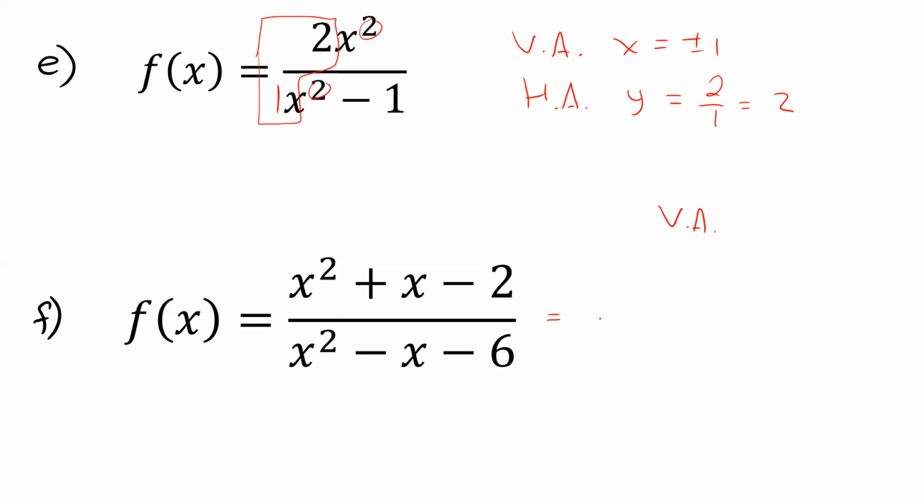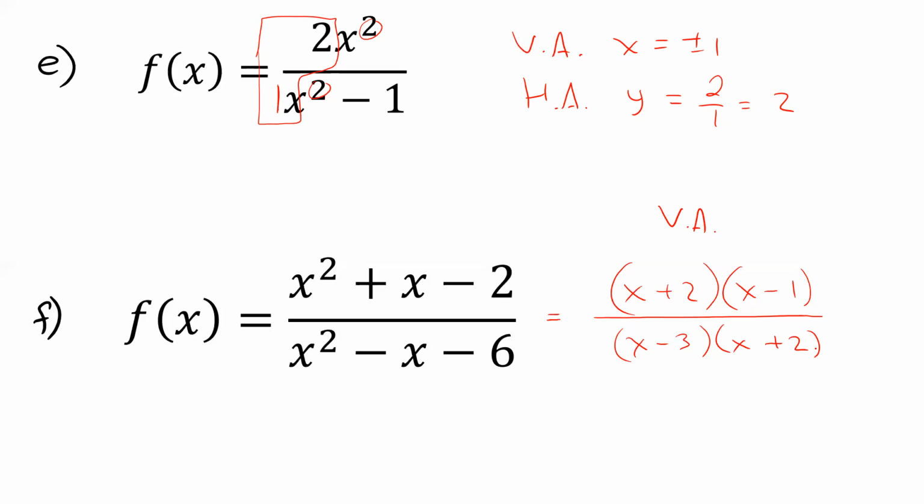If I were to factor and put things over here on top, in factored form, x² plus x minus 2 would be x plus 2 times x minus 1. Tell me if you guys agree. In factored form, this one right here would be x minus 3 times x plus 2. Tell me if you guys agree.